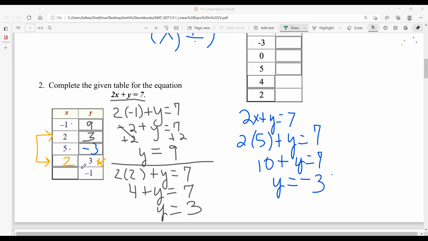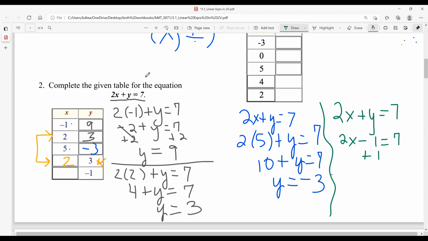If we look at the last coordinate, here they gave us y is -1. So we're going to use, again, the same equation, 2x plus y equals 7, but now we're going to put -1 in here for y and solve for x. So we have 2x minus 1 equals 7.